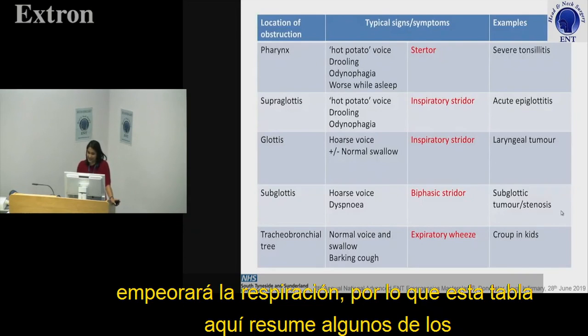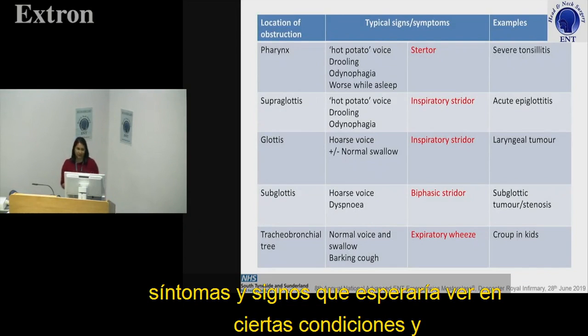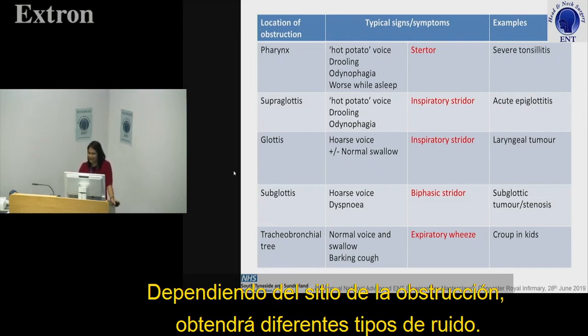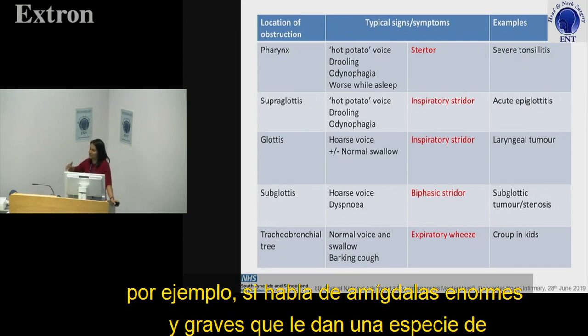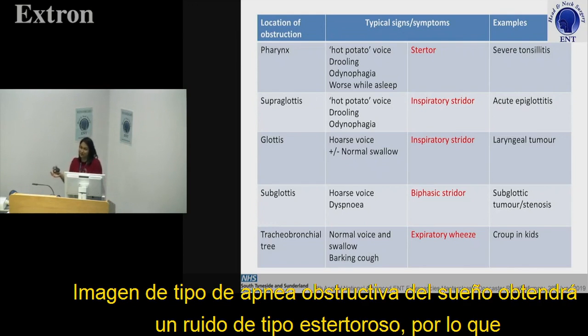So this table here summarizes a few of the symptoms and signs that you would expect to see in certain conditions, and depending on the site of the obstruction, you will get different types of noise. For instance, if you're talking about severe, huge tonsils, giving you a sort of obstructive sleep apnea type picture, you will get a stertorous type noise.